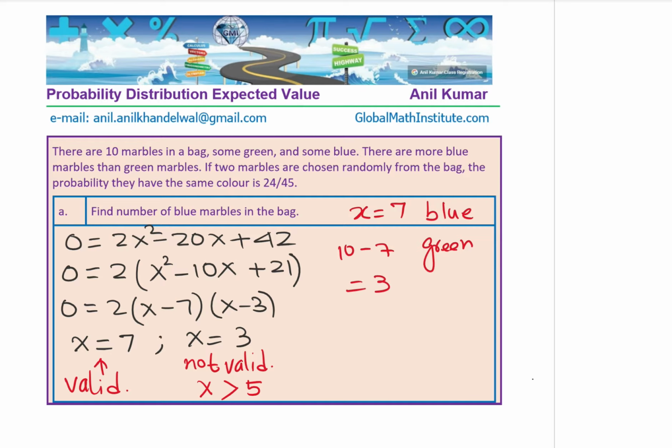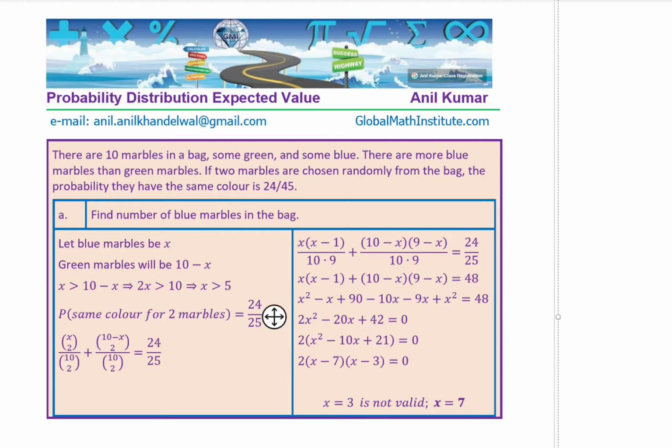Now let's do part B. Well, here is the complete solution of what I just shared with you. There's some typing error here. So let the blue marbles be x, green will be 10 minus x, and since blue is more than green, we'll solve this inequality to get x greater than 5.